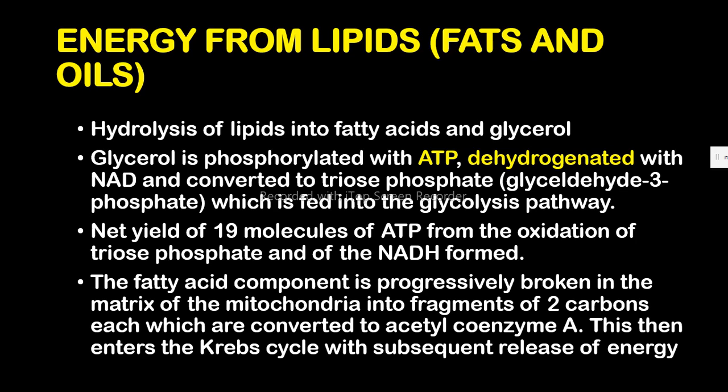Now the same processes will be reversed to form these long chains of fatty acids, and the fatty acids will combine with the glycerol, and you have your fats. And then when you want to break down the fats, the same processes are reversed, and you have your energy.